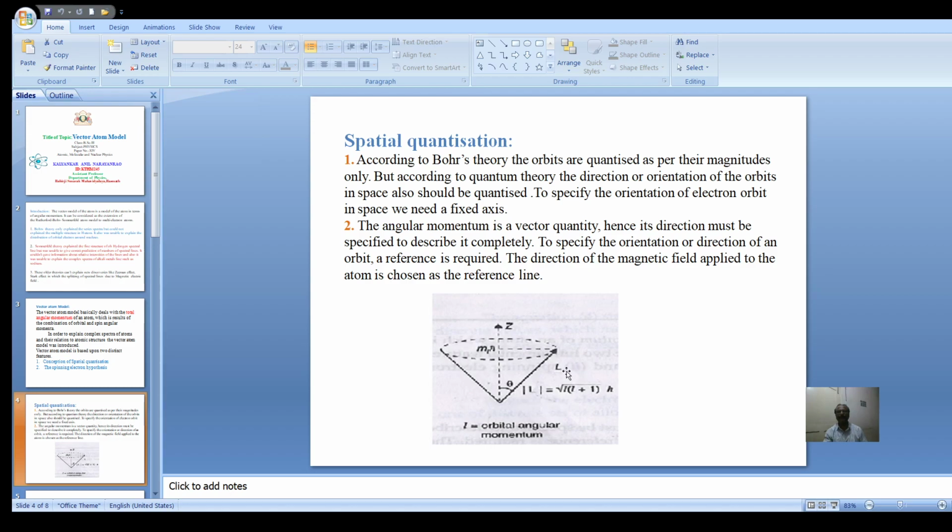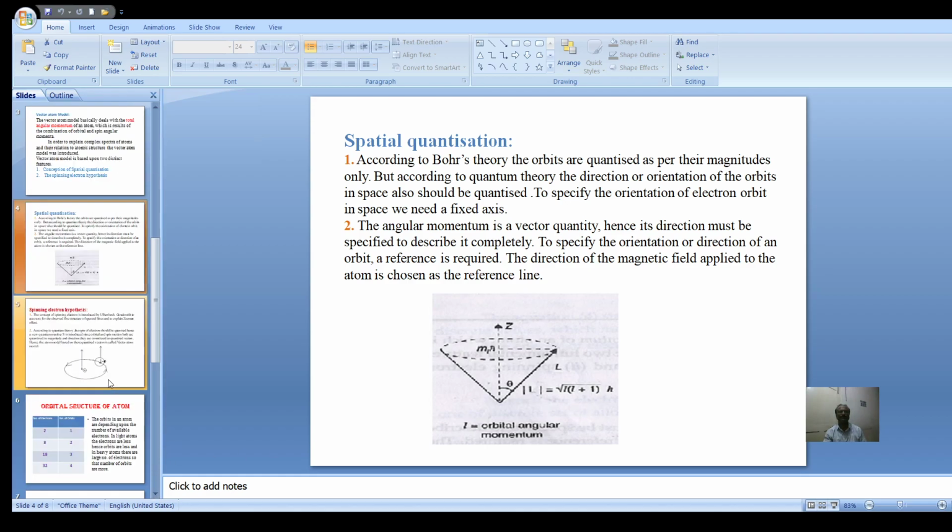The magnitude of orbital angular momentum is given by root of small l into l plus 1 multiplied by h cross. Here, small l is the orbital quantum number and h cross is the constant, that is h upon 2 pi.